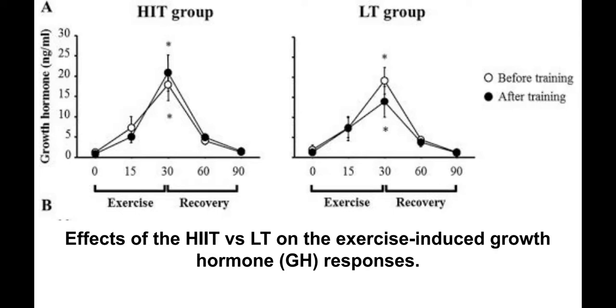You see, it goes almost the same values, a little bit more, and in the group with only endurance exercises, the release of growth hormone even reduced at the maximum, at the peak, at the end of the exercise.